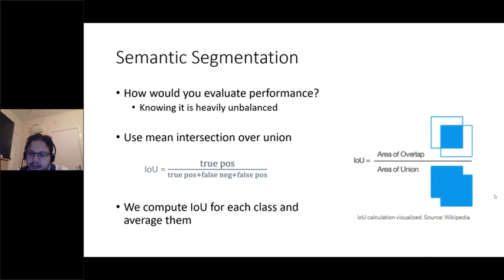Yes, you mean the answer to how we evaluate the performance? Exactly. So it's the intersection over union. This is what you were explaining, right? It's the solution. Yes. Exactly.